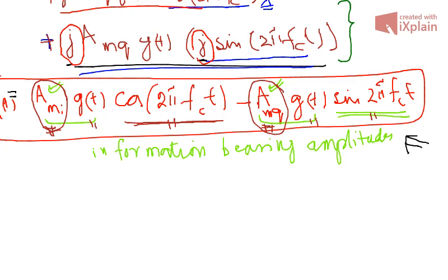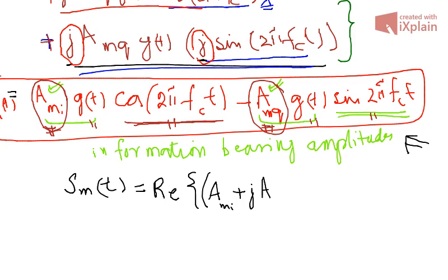Now if you observe it closely, if we take our first expression, which was complex, it was in this form: AMI plus j AMQ, then you have a pulse shaping waveform g of t, and then you have a complex exponential e to the j 2 pi f c t, right?